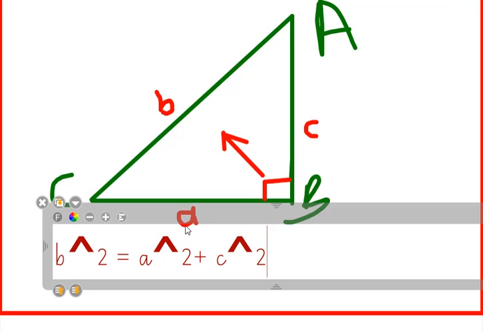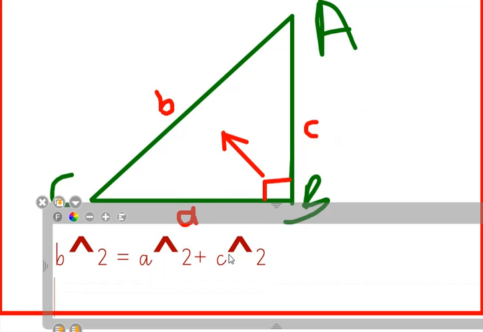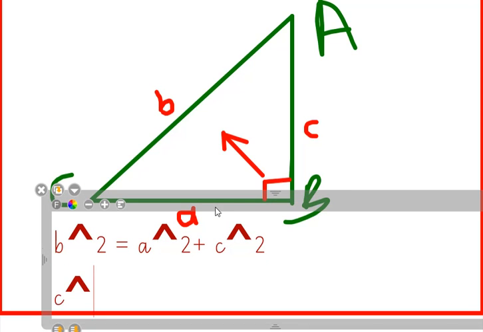Now let's say they gave you a and they gave you the hypotenuse, which is b. They gave you side A, and they did not give you c. How would you calculate c then? You would say c squared is equal to, so we're making c the subject of the formula, b squared, which is the hypotenuse, minus a squared.